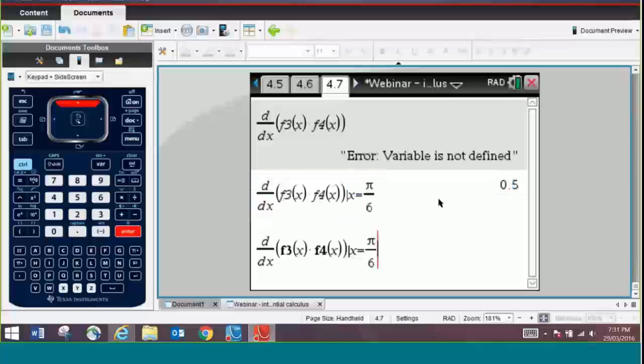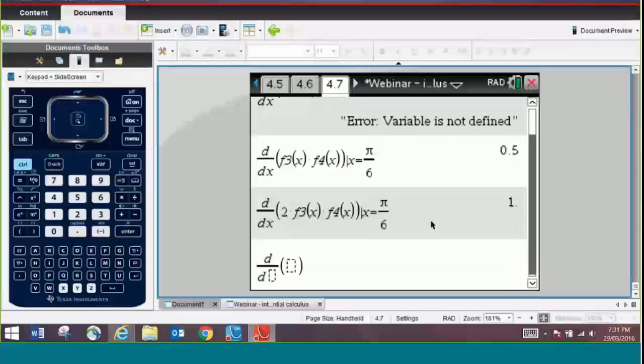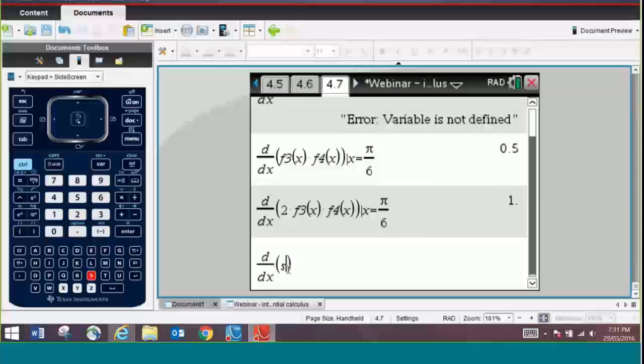So you can do some nice things here. If I were to just put a 2 in there, I can then compare it with sine 2x at pi on 6.